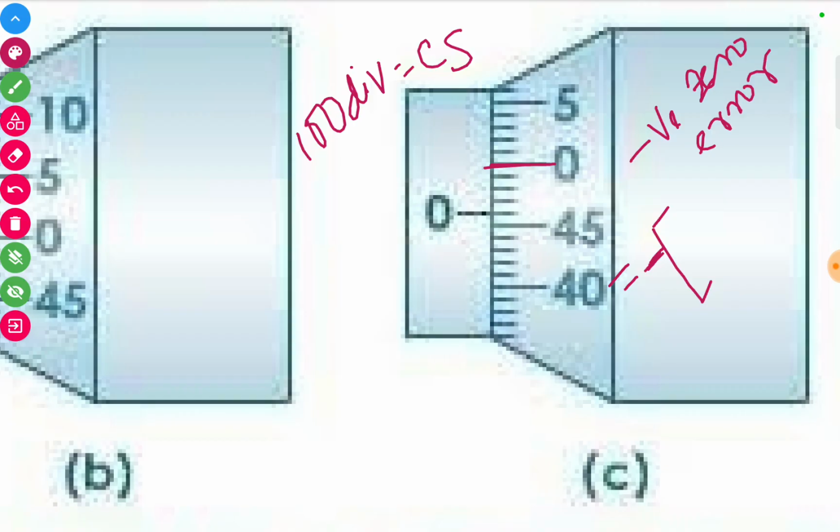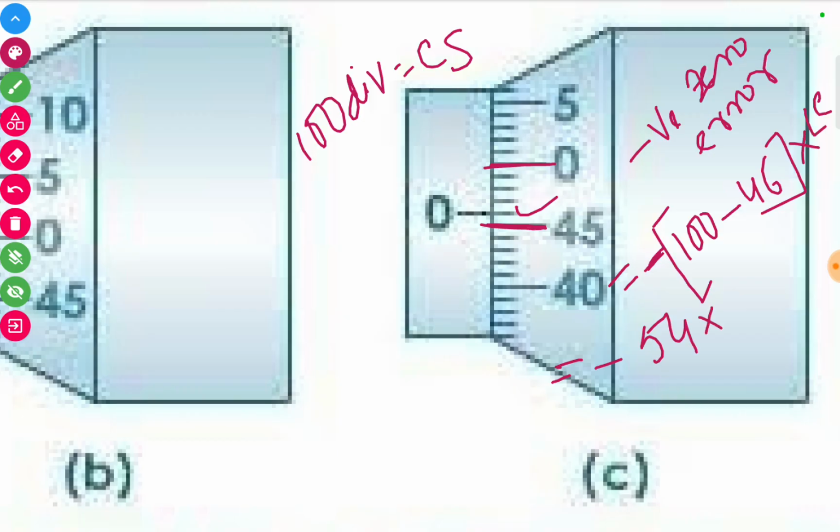The number of divisions in the circular scale, I am taking over here 100, so 100 minus the value which coincides with the baseline. Over here it is coinciding, this 45, then this one 46, it is coinciding, so minus 46. Then 100 minus 46, which comes out to be 54, with the minus sign, into the least count I've already taken.